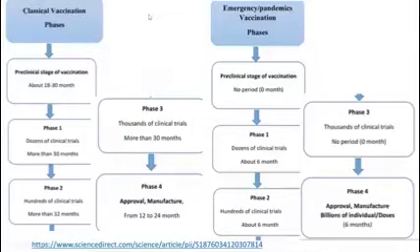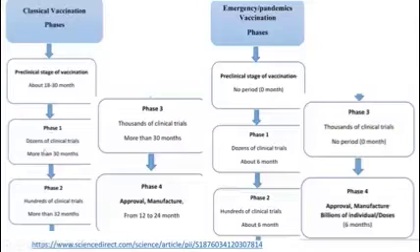As we know, because of this pandemic situation, most of these vaccines were approved on an emergency basis. Classical vaccination phases, like the usual vaccination for other viral infections, involve a preclinical stage of about 18 to 30 months.